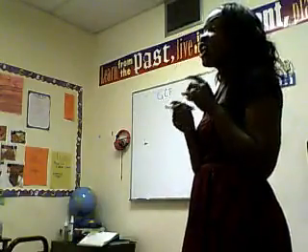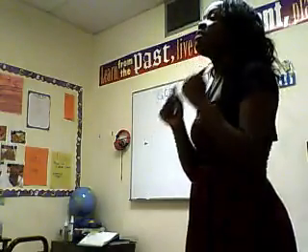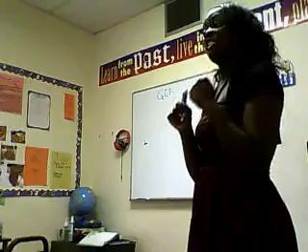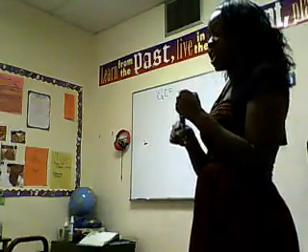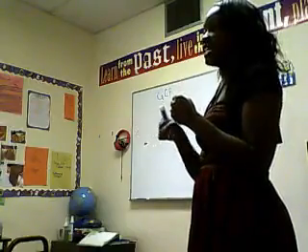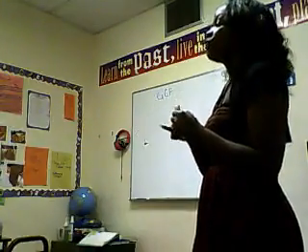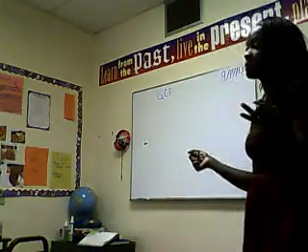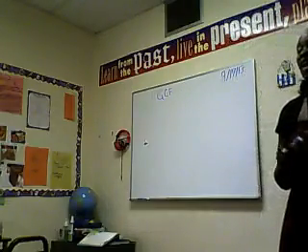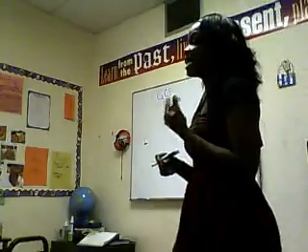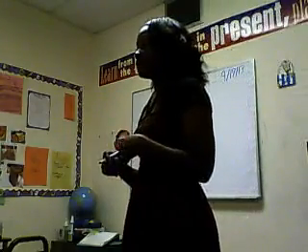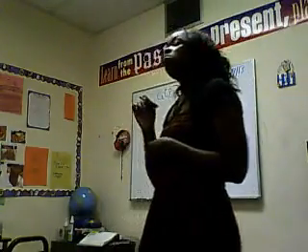Factors are two or more numbers that can be multiplied to get a specific number. Factors of 8 are 1 and 8, because 1 times 8 is 8, and 2 and 4, because 2 times 4 is 8. So the only factors that 8 has are 1, 2, 4, and 8. Those are factors. What we're going to work on today is multiples.